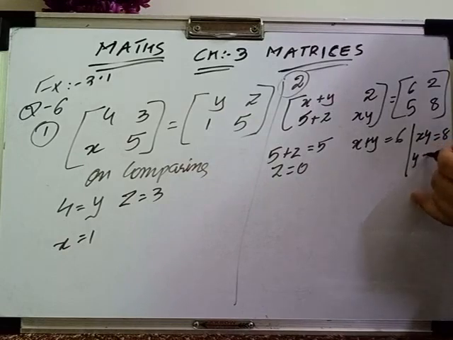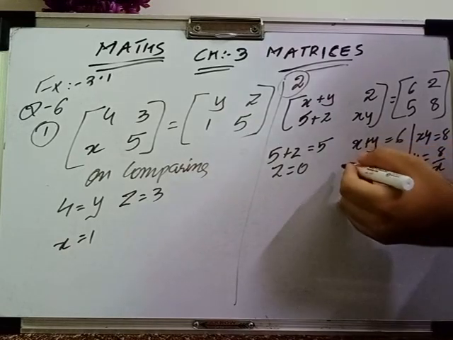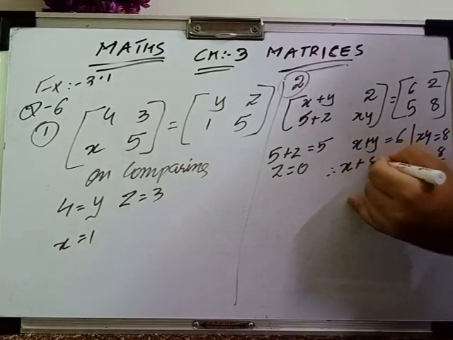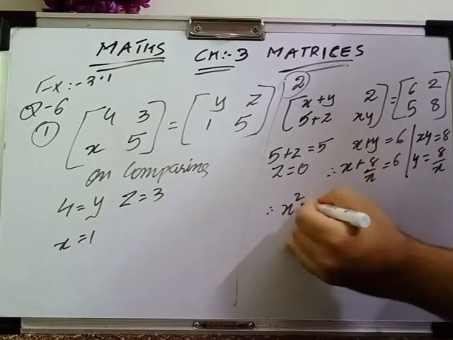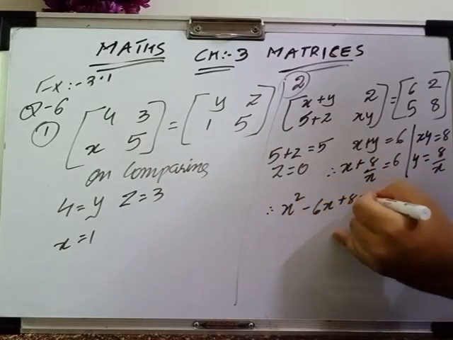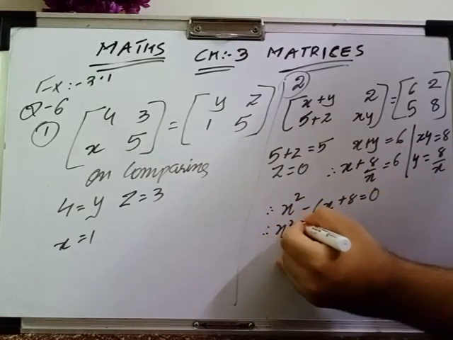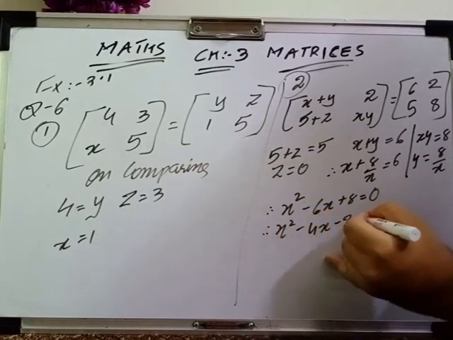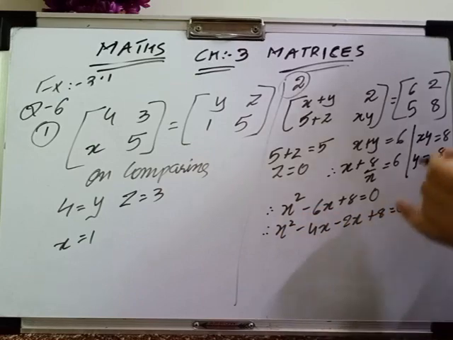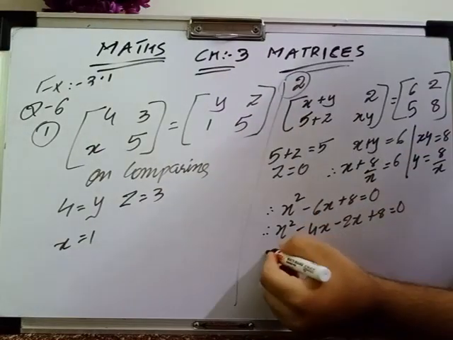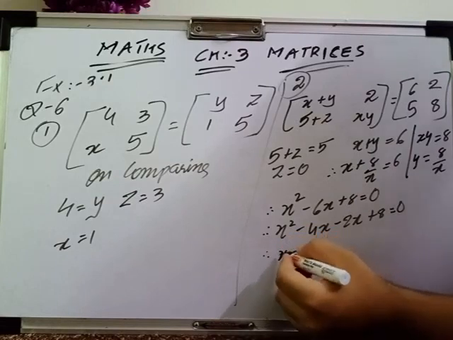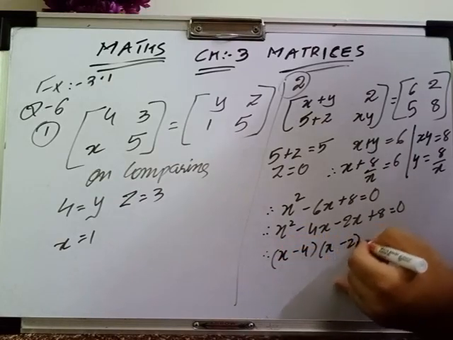If I take y is equal to 8 by x and keep that value here, then I will have x square minus 6x plus 8 is equal to 0. Solving this using the middle term splitting method, I will have x minus 4, x minus 2 equal to 0.